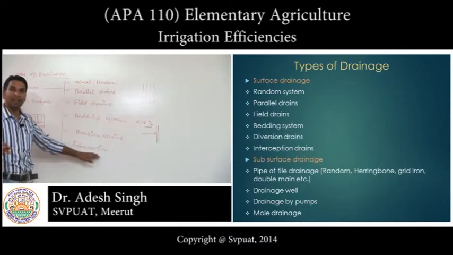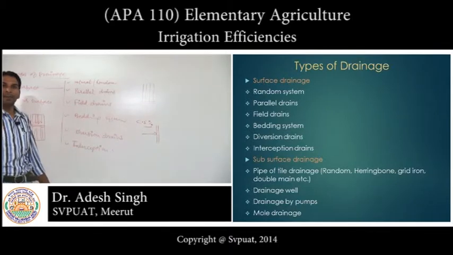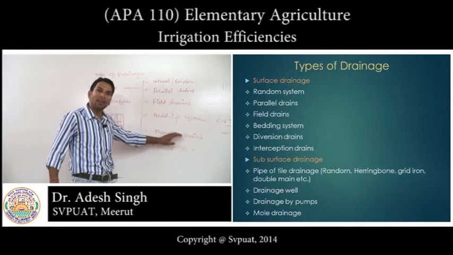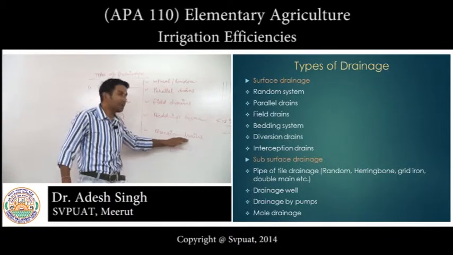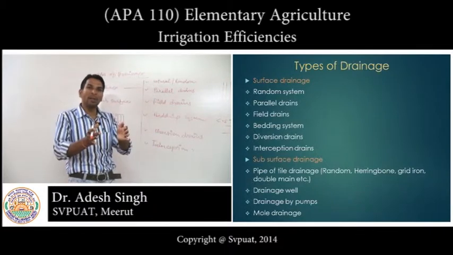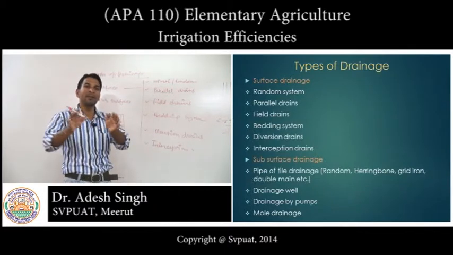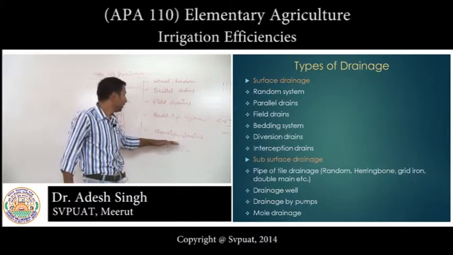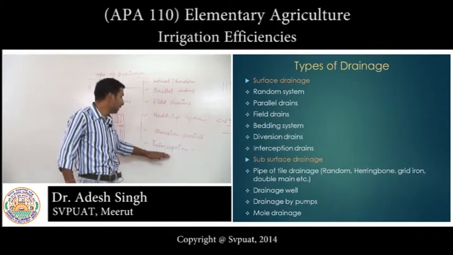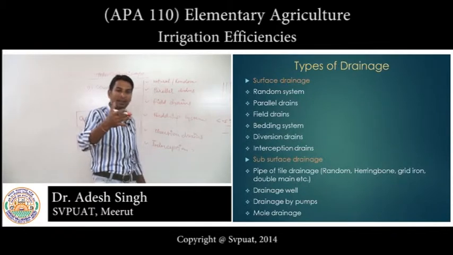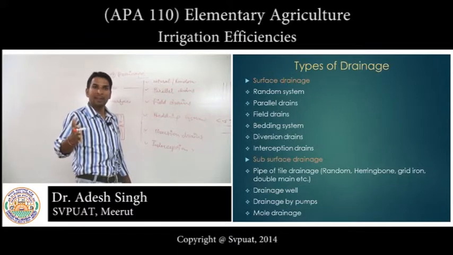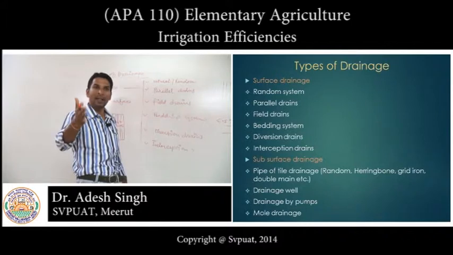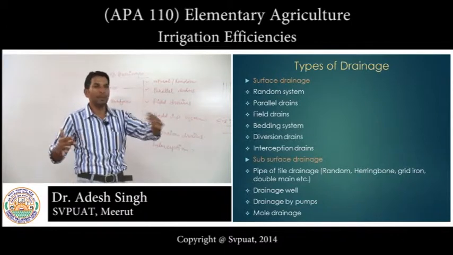In an interception drain, they intercept the actual slope. Both kinds are quite similar, but in a diversion drain, the normal flow can be diverted according to the farmer's need, while in this case the drainage channel is constructed against the slope, at a 90-degree angle to the slope direction.